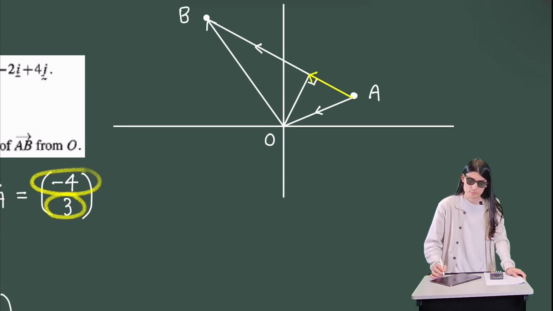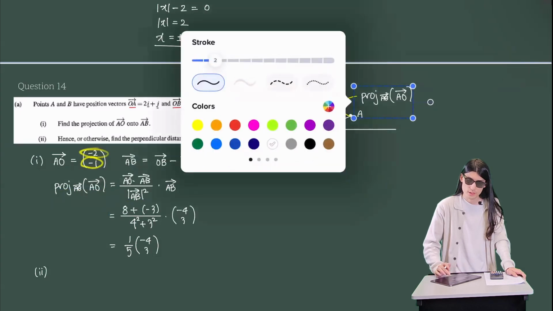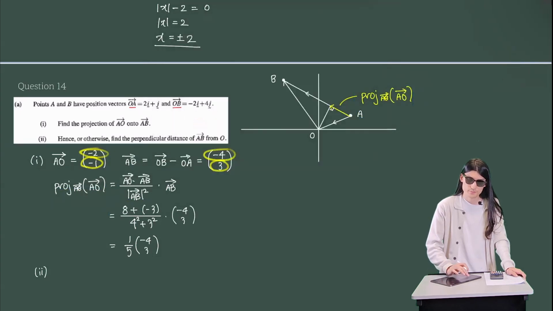From A up to the foot of that perpendicular. Okay? And like I said, it is beneficial if you understand that that is the projection which you guys found in the first part.